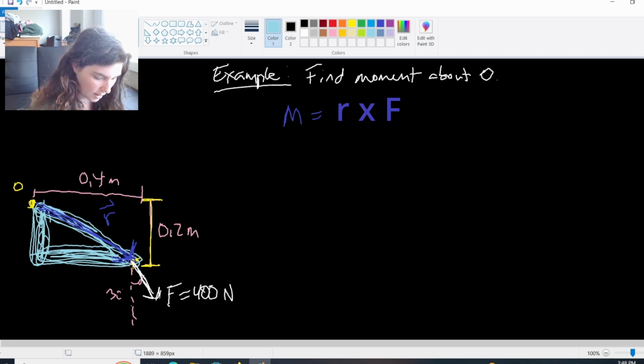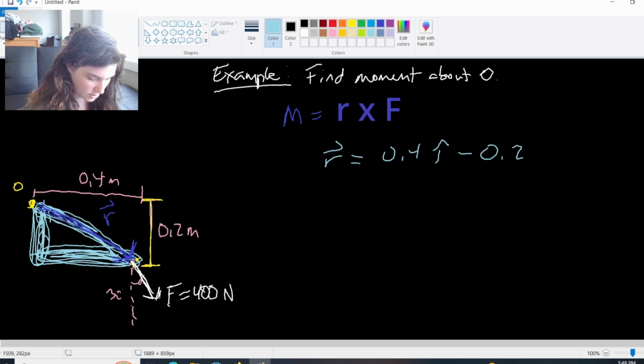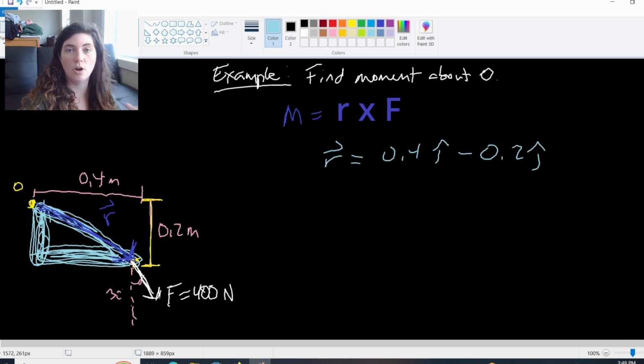If I were to write that out, R is going to be, I can put it in Cartesian form even. I already have my distances. So I can say 0.4 i hat minus 0.2 j hat. Now when I write these F and R vectors, I do want to keep the sign convention.